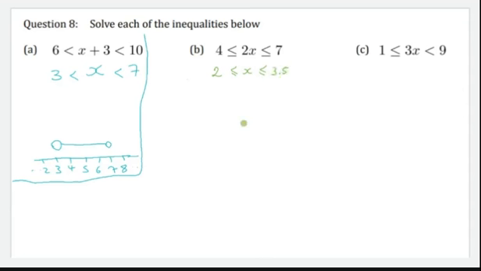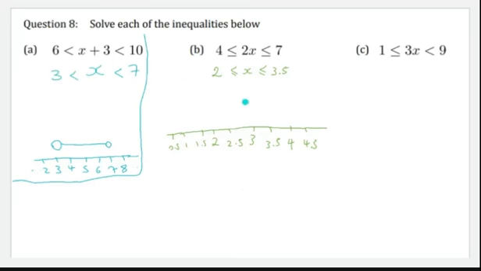And again, if we were to use a number line, bit of a weird one because there's decimals involved, but no worries. We'll just count up in 0.5s. So 2, 2.5, 3, 3.5, 4, 4.5, 1.5, 1, 0.5, and so on.